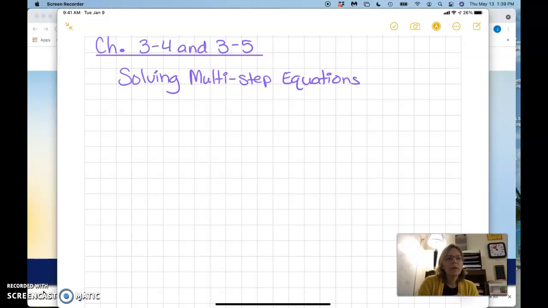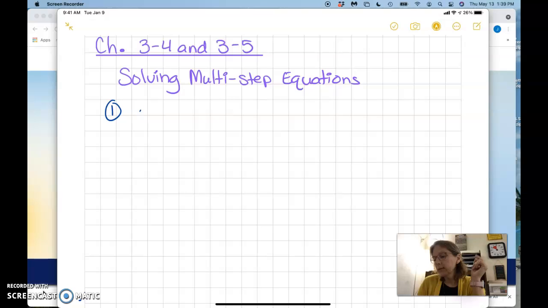When we're solving multi-step equations, we are doing the order of operations in reverse. So step 1, when you are solving a multi-step equation, does anyone remember step 1? If we do PEMDAS in reverse, what would step 1 be?